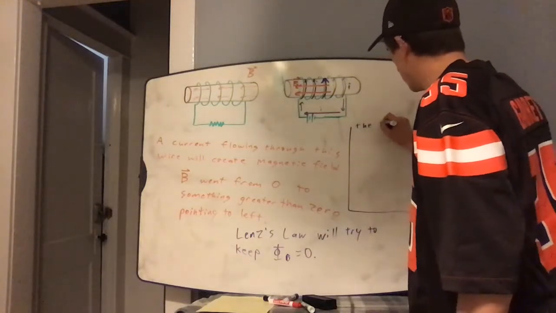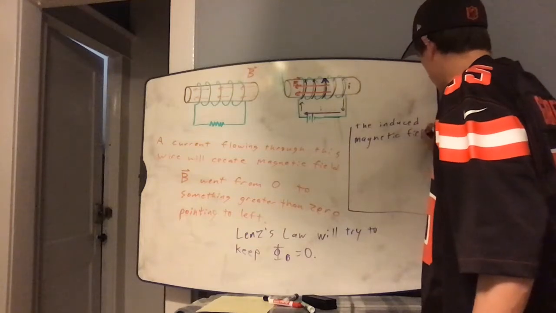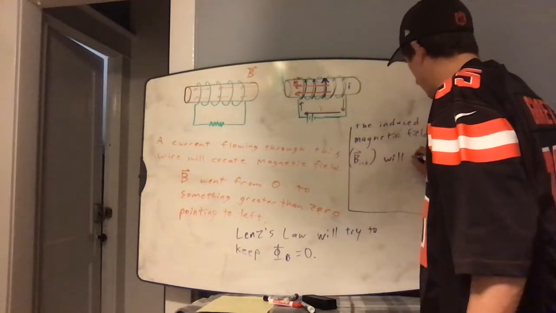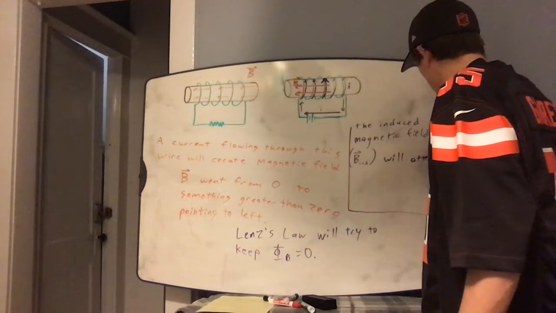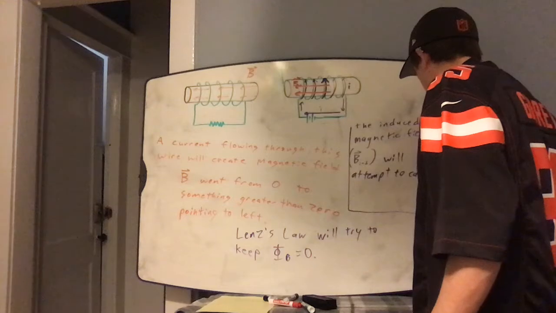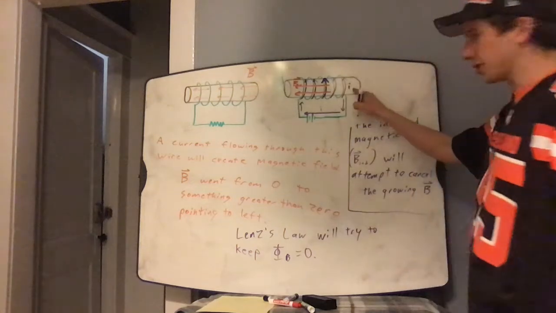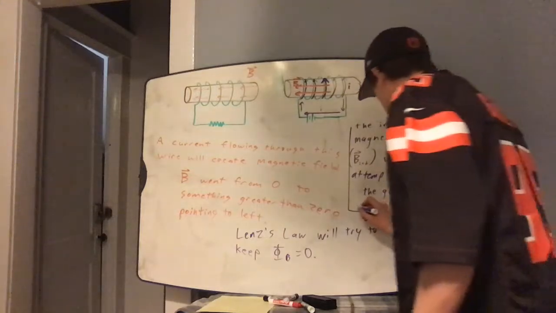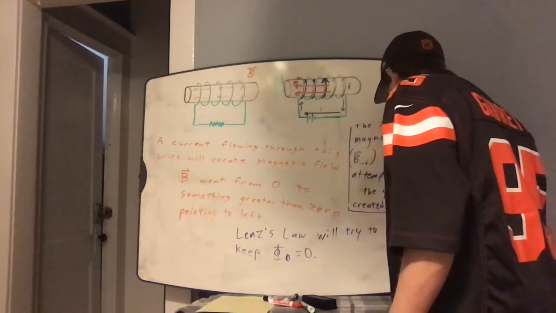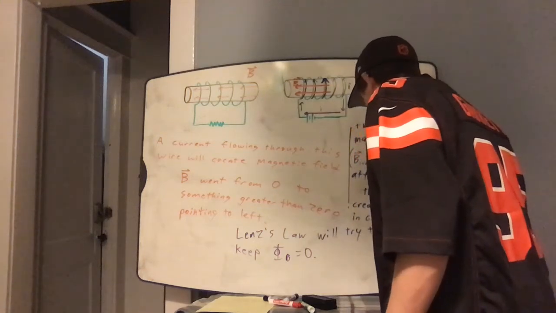So I could say the induced magnetic field, which I will call B induced, will attempt to cancel the growing magnetic field from the current flowing on the right, created by the current in the circuit on the right.